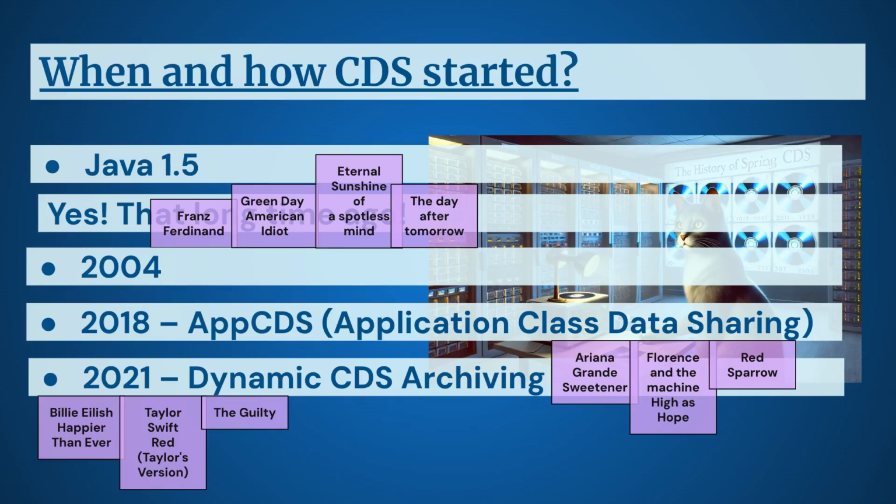Now, this was the year of an album by Billie Eilish, another one from Taylor Swift, and the release of the movie The Guilty. And this is a short time frame of when and how CDS has started. So there is a long evolution of more than two decades in the making of this way of starting applications.